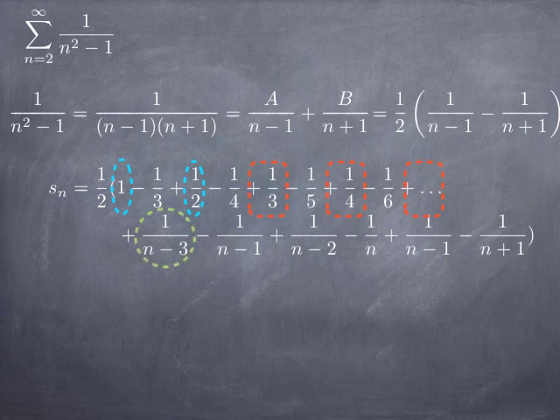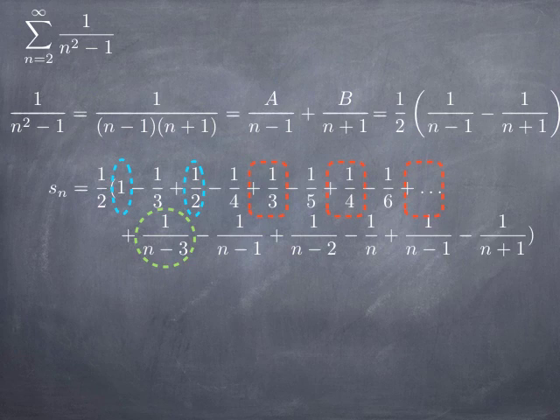Positive 1 over n minus 3 cancels out with something that comes before, because you see that each time we get first the negative term, like negative 1/3, and then it cancels out with a positive 1/3 that comes later on. So here we have a negative 1 over n minus 3 that is a few terms down, and that cancels out with this positive 1 over n minus 3.